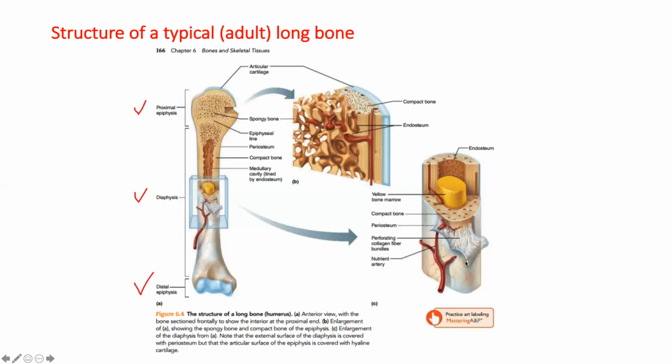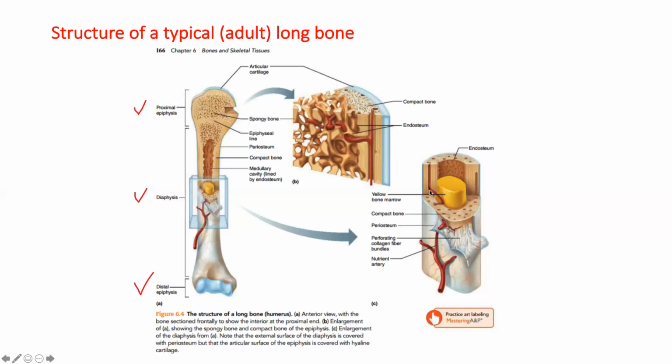And as you can see, the bone is covered with a sheet of dense connective tissue, which is called the periosteum. And the blood vessel, as you can see here, goes through the periosteum, through the cortex of the bone, and gives blood supply to the cortical bone.